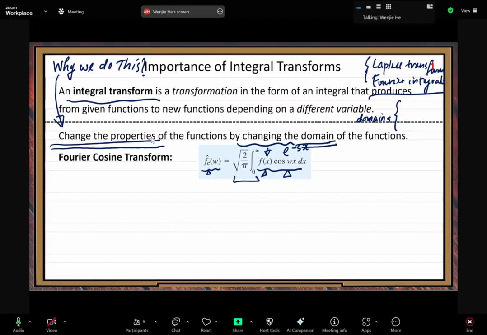What's the meaning of your x? x is the variable. The values you can take for your x variable, we call a domain, right?